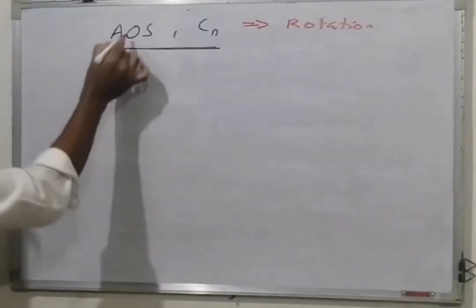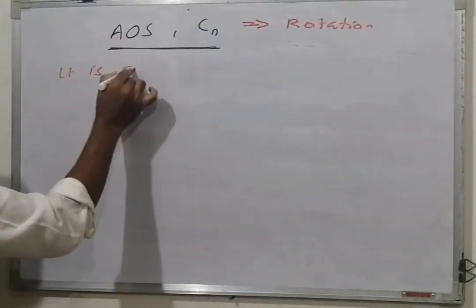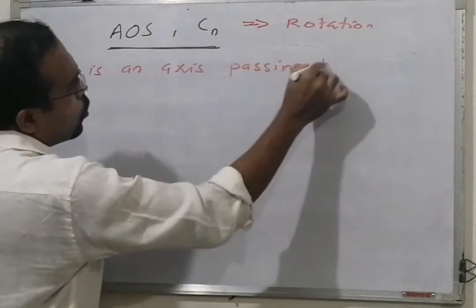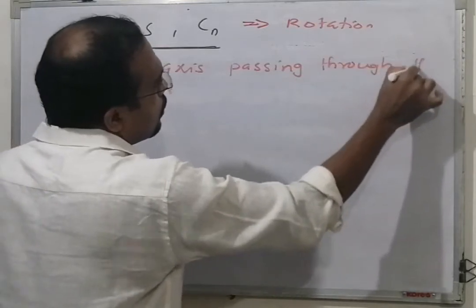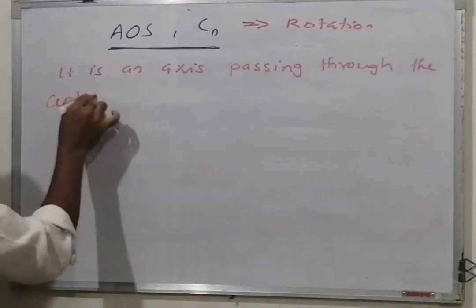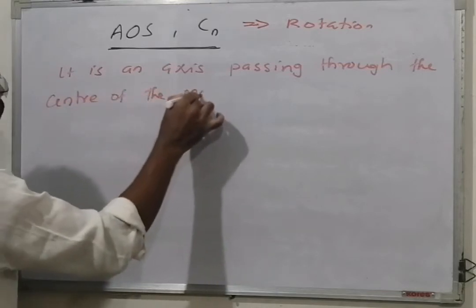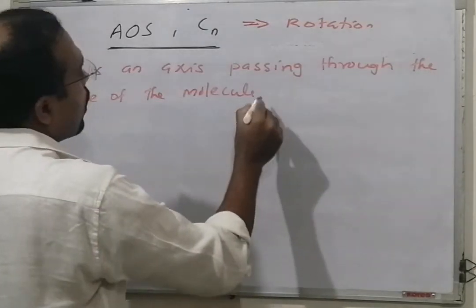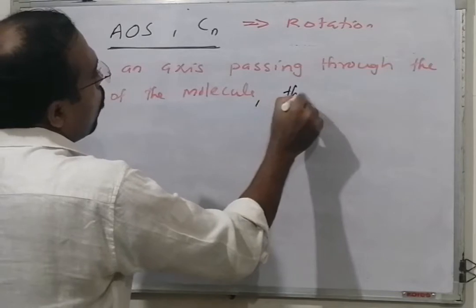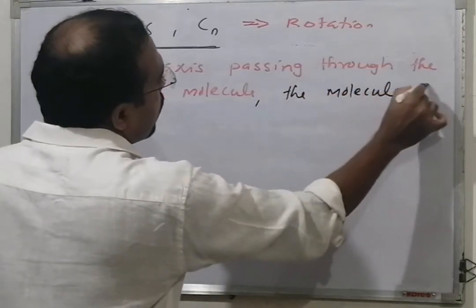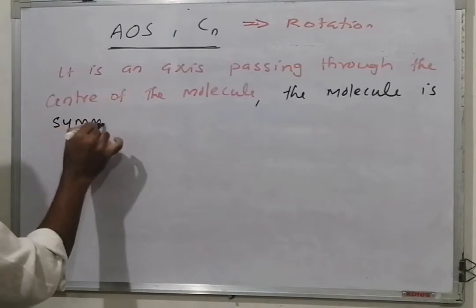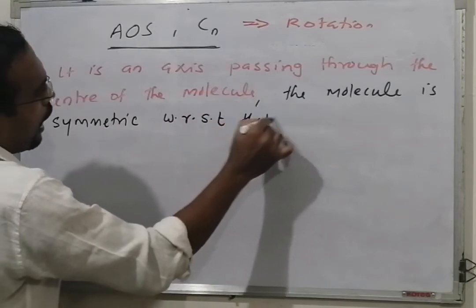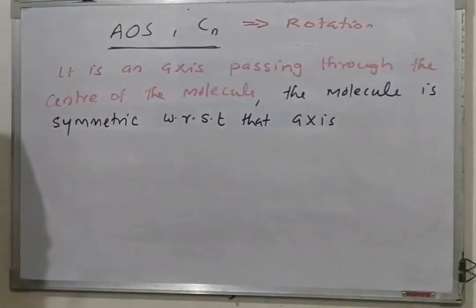Rotation. Axis of symmetry is an axis passing through the center of the molecule, and the molecule is symmetric with respect to that axis.